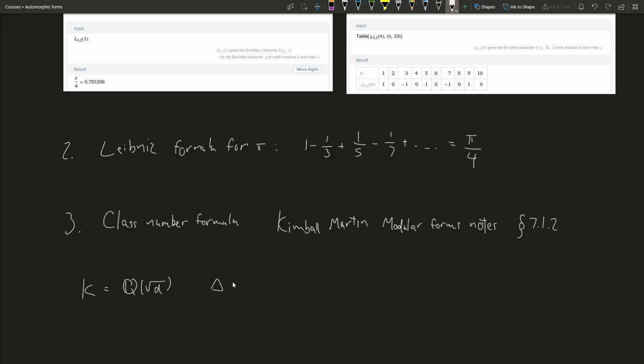And then we'll say delta is the discriminant of K, which here is going to be D if D is 1 mod 4, and it's going to be 4D if D is 2 or 3 mod 4.